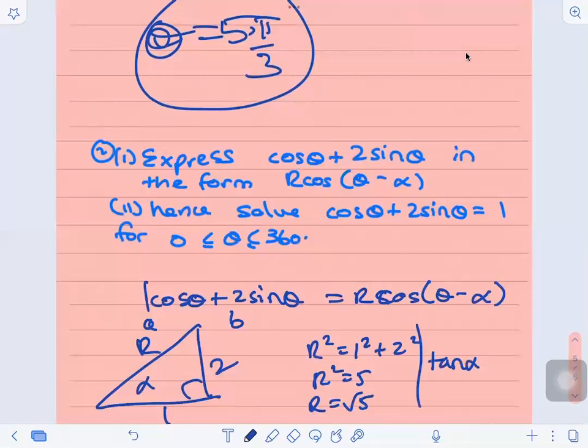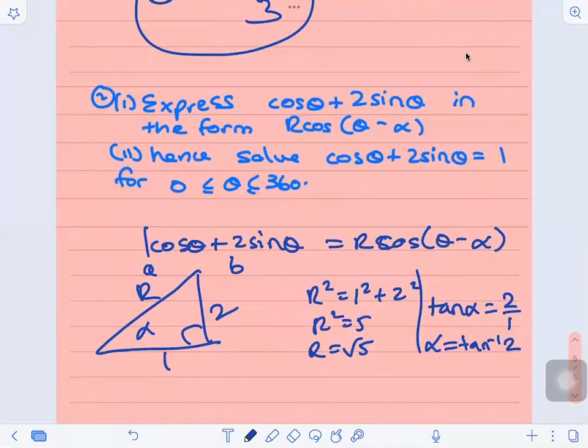And tan alpha is 2 on 1. So alpha equals tan the minus 1 of 2. So now let's just get the acute angle of that. If you went shift tan of 2 it is 63 degrees 26 minutes. Now you can either put that into your memory, so shift, RCL, it's the store button, M plus, because on the top of the RCL is a store button, so you're storing it.